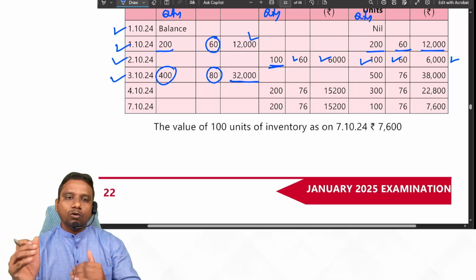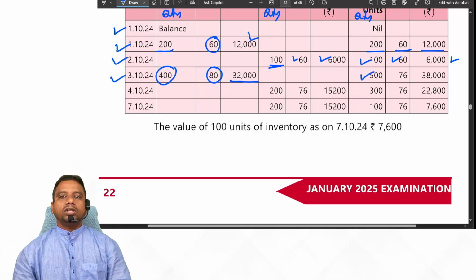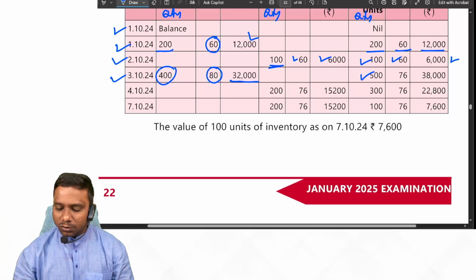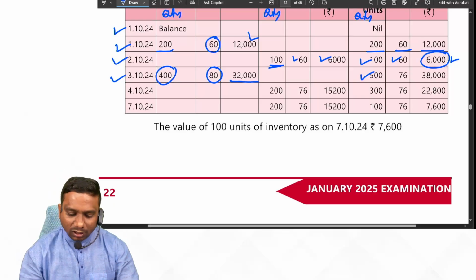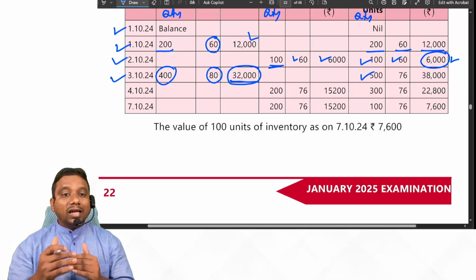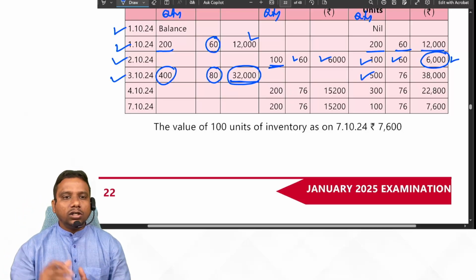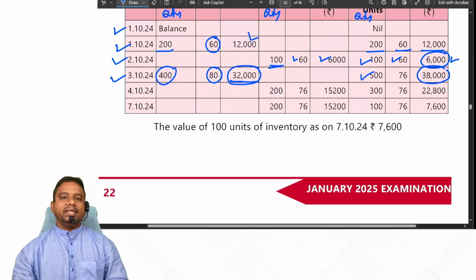Now purchased 400, add, total quantity 500. Previous balance how much? 6,000. Now purchase value 32,000. Total amount, 6,000 previous balance and 32,000 purchased amount, 38,000.